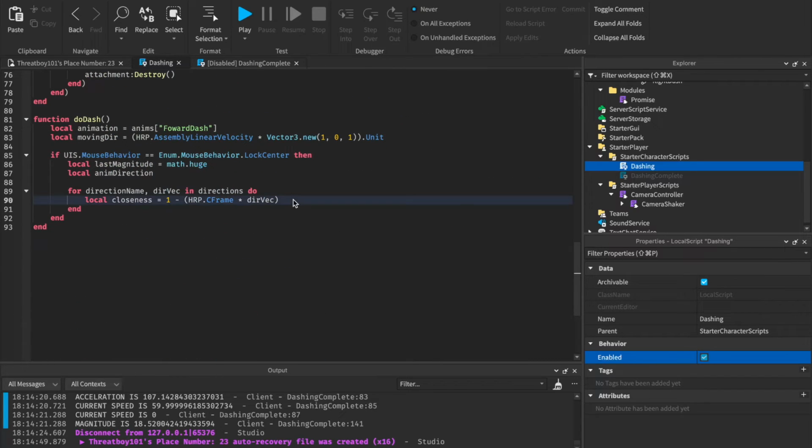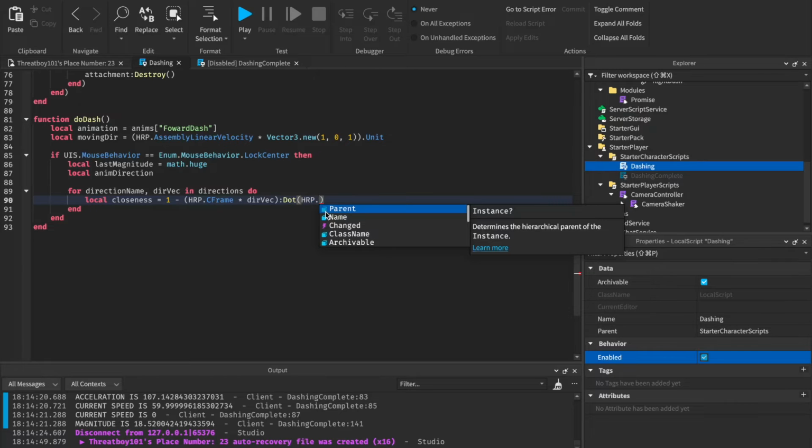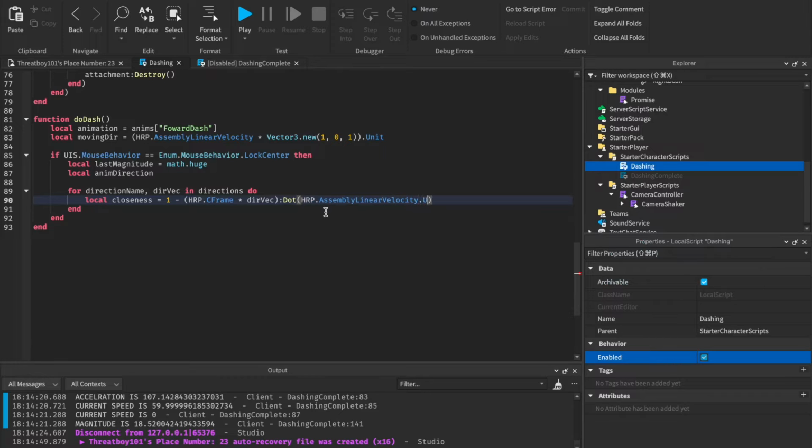So this is pretty much the root part's right vectors, left vectors, up vectors, and basically I'm seeing what the angle is between all the directions of the character and the direction he is moving in, right?